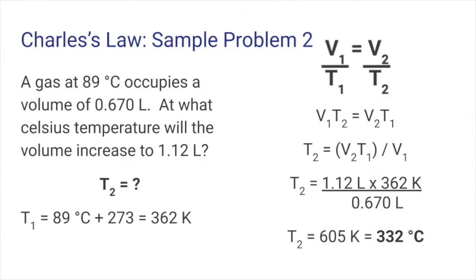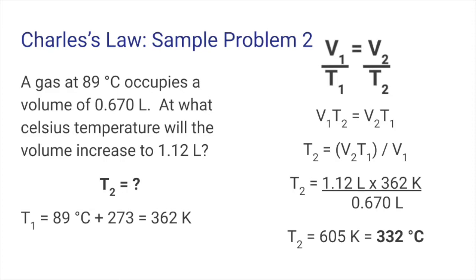Here's what I've got for this problem. The final temperature, T2, is what we'll need to solve for in the equation. Before I go any further, I'm going to convert the 89 degrees Celsius into Kelvin by adding 273. That gives me 362 Kelvin for T1. Solving Charles' law for T2 gives me V2 T1 over V1.